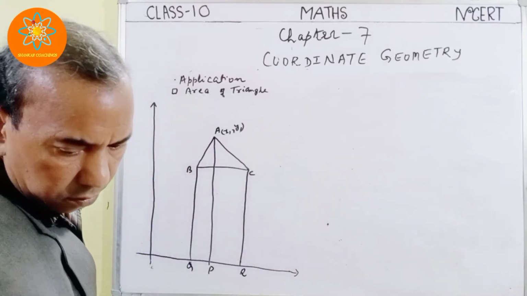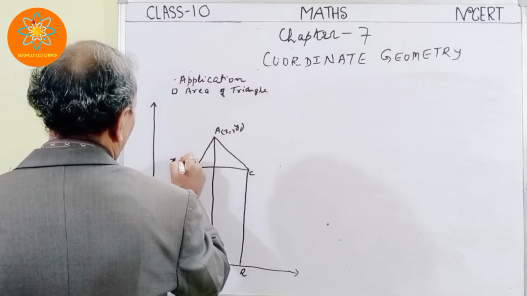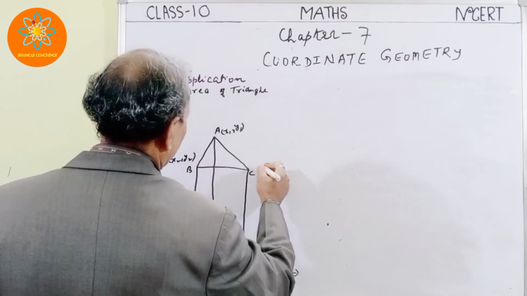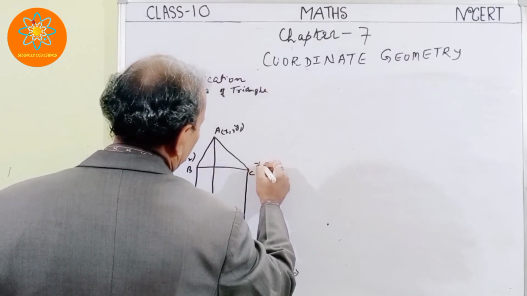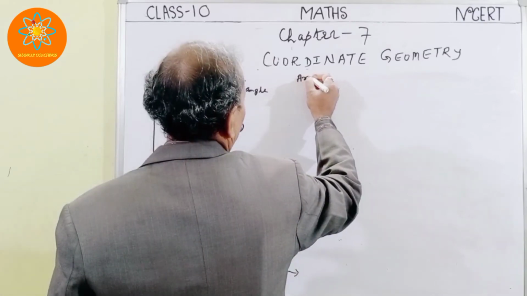For the point B, it is (x2, y2), and for C, we have x3 of the triangle.